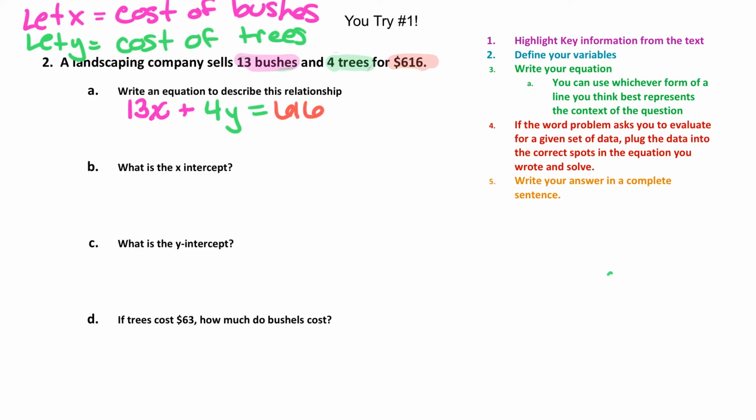Because the number of bushes times the cost of the bushes plus the number of trees times the cost of the trees is equal to the $616 that the landscaping company made. So now, what is my x-intercept? The x-intercept is when y is 0.